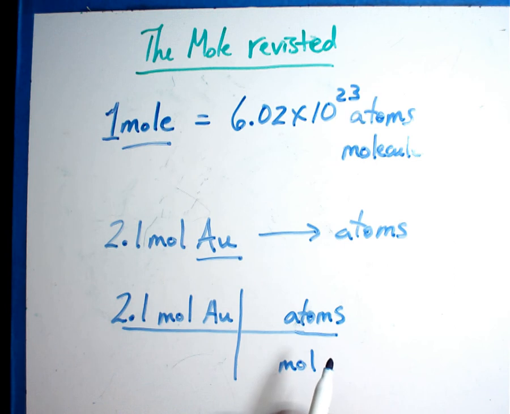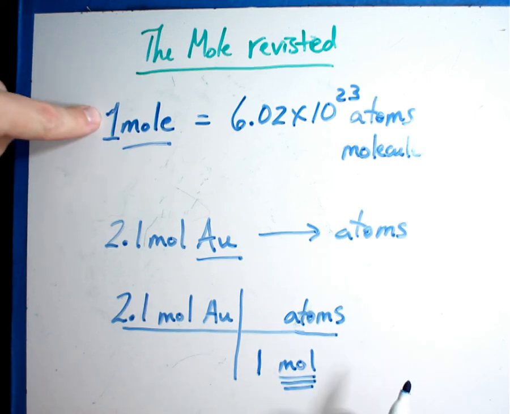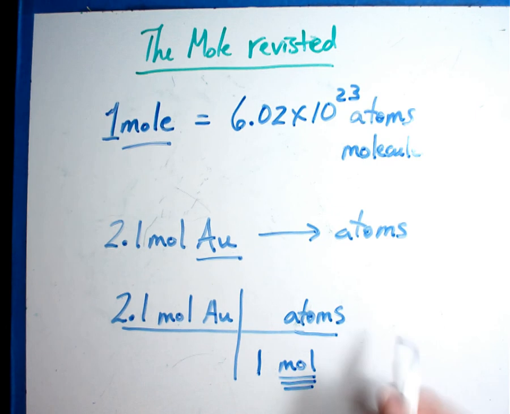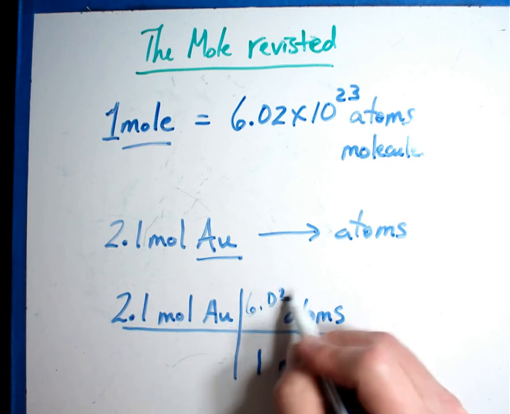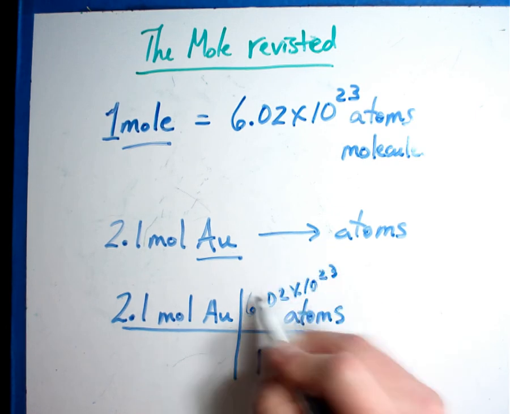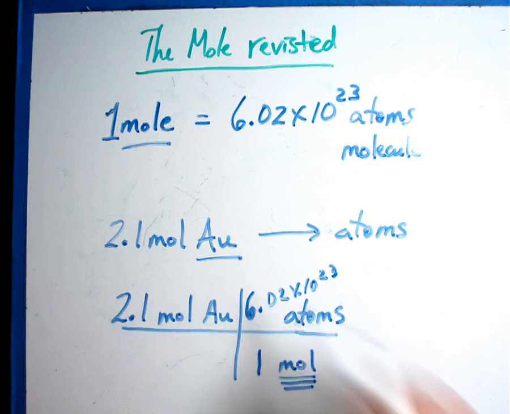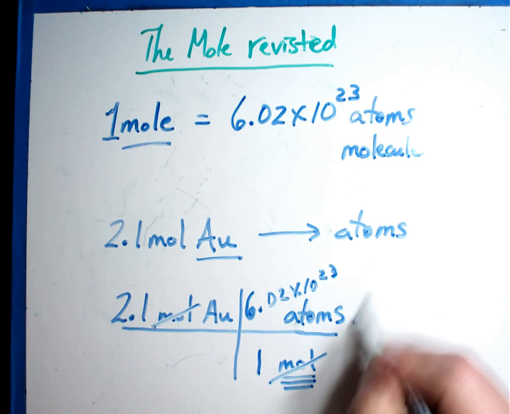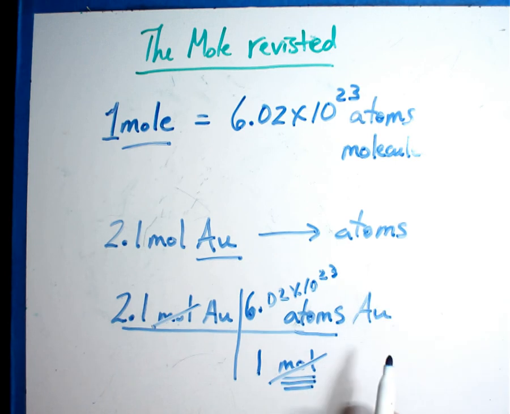Now, a special hint: anytime you have the word mole in a railroad track, it's always going to be a 1. It's going to come from right there. 1 mole is 6.02 times 10 to the 23rd, and I didn't give myself a whole lot of room, so I have to sort of cram it in there. The word mole is gone, and so I can actually calculate how many atoms of gold that is.